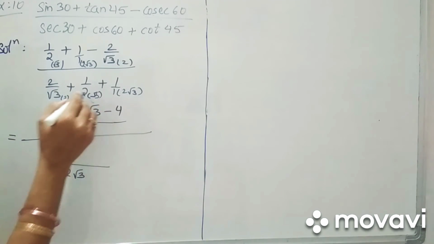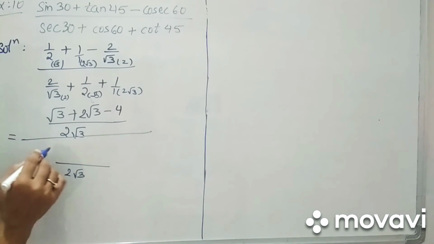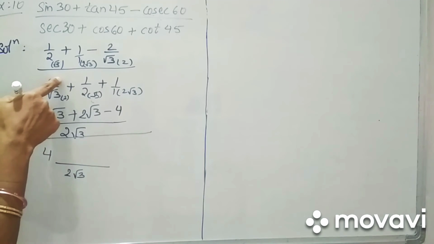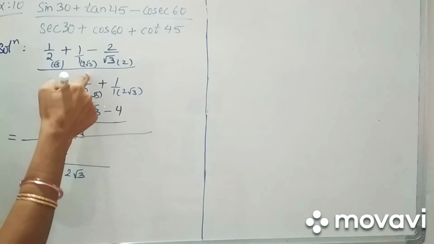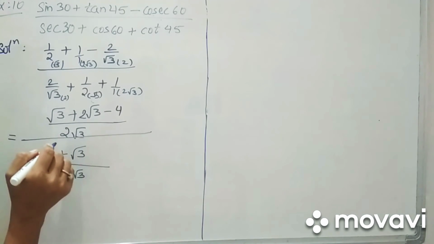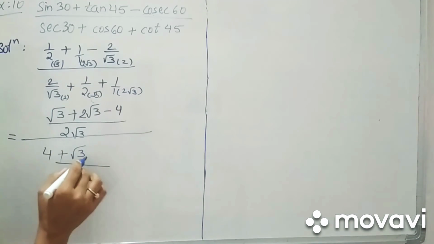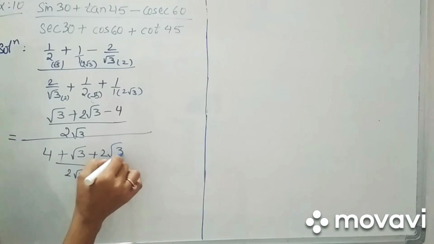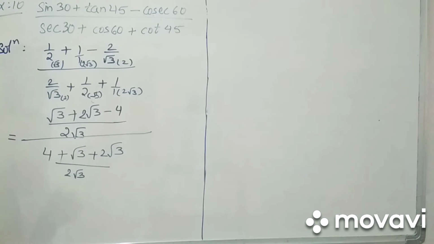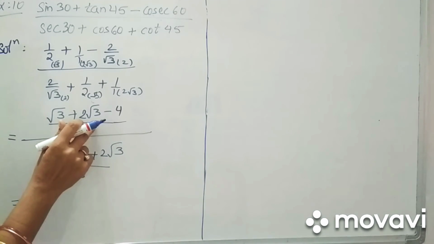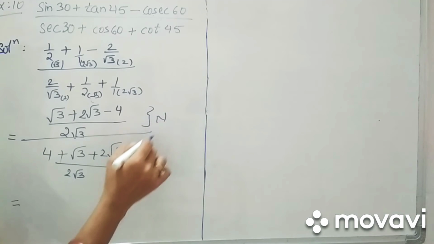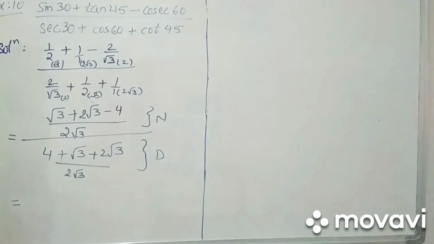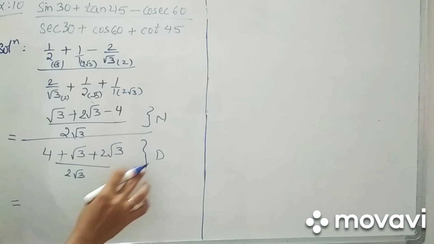Now write the answer on multiplying: 2 2s are 4, plus root 3 into 1 root 3. Now 1 into 2 root 3 is like this. Have you observed one thing? This whole is considered as the numerator and this whole is considered as the denominator.